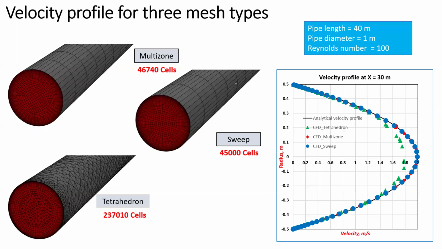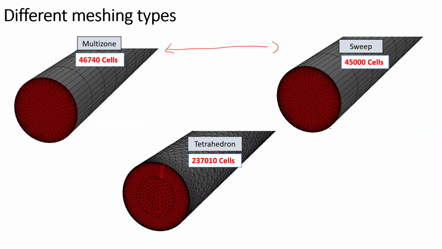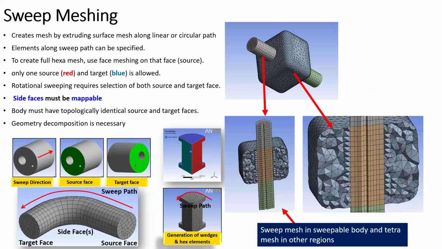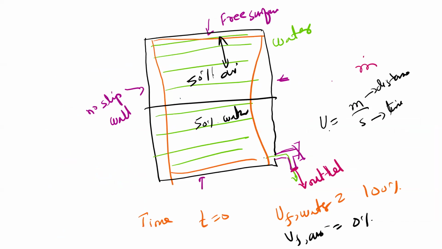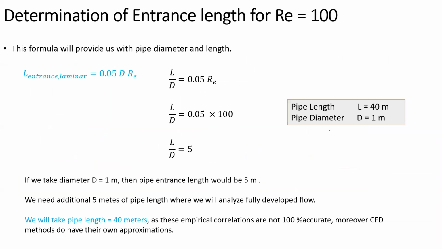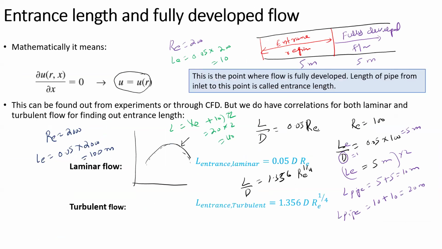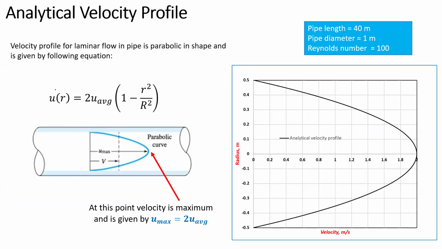So then I discussed the velocity profile plotting, like the analytical solution, which we derived in the very beginning, which I can show you here. This one. So this one we have derived with all the details, like the velocity, maximum velocity, the average velocity.